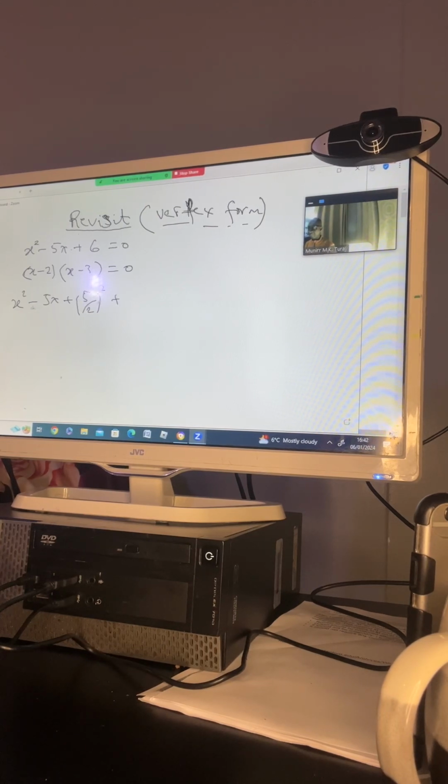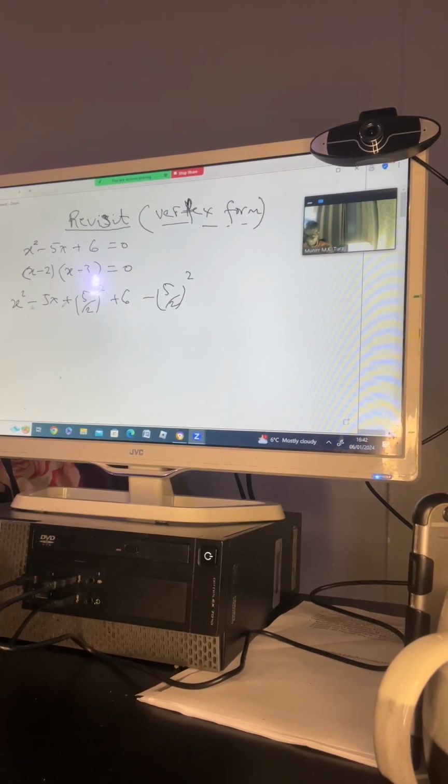But because you've added something that was not here initially, this (5/2) squared, you have to subtract it again. So this is factorization by the vertex form, what we have done here. We've done this in previous videos. I just want to show you a program here, a plotter, how these graphs are plotted using the software.